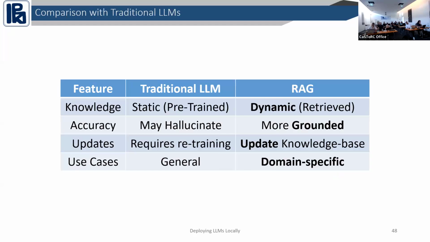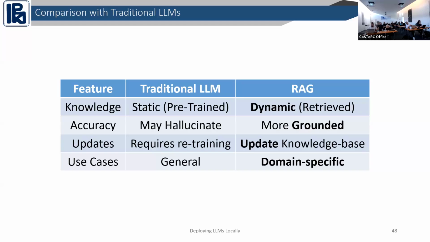So compared to the traditional LLMs, the knowledge in those LLMs is static. So it's what it acquired through training. Okay. Using RAGs now, you can have a more dynamic knowledge base through the vector database. And the traditional LLMs may hallucinate. RAGs are usually more grounded. It doesn't mean they will never hallucinate, but usually they are more grounded.